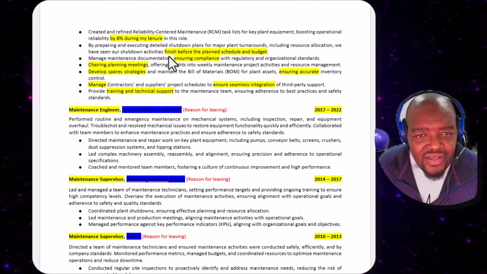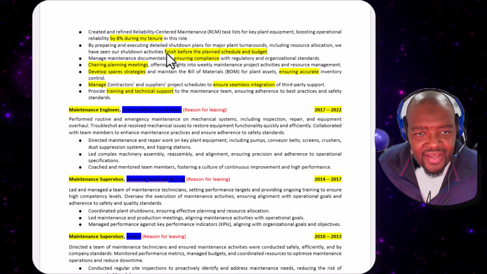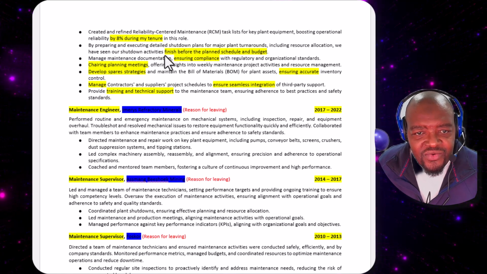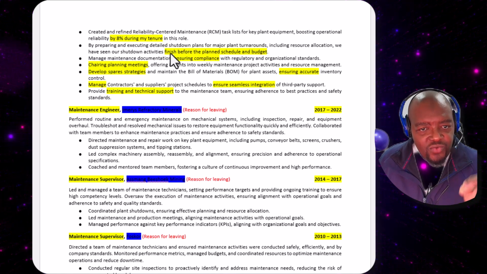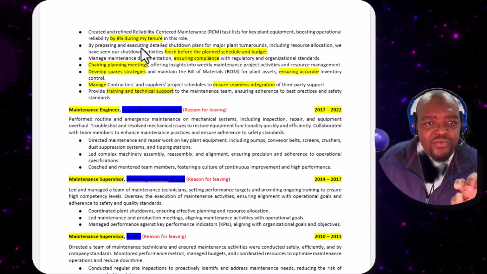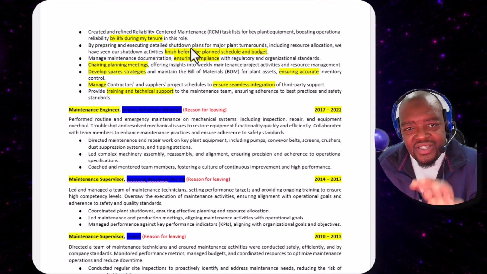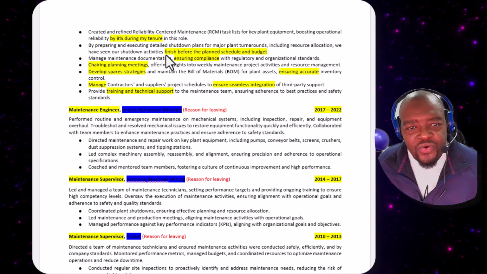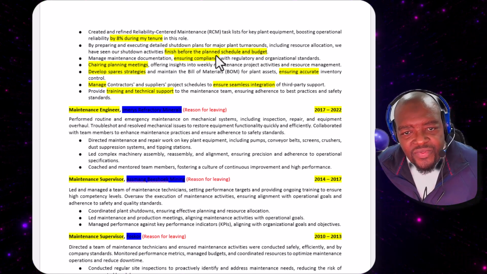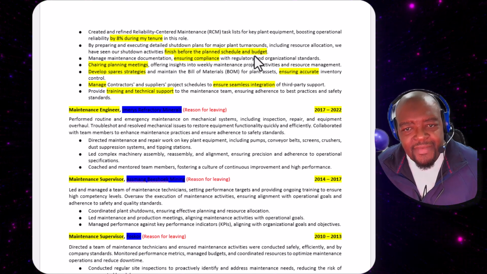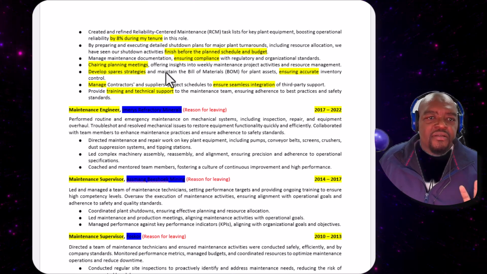I will actually include that to say previously this was the challenge, but since we prepared and executed detailed shutdown plans, we saw the results, finishing within the planned time and within budget.